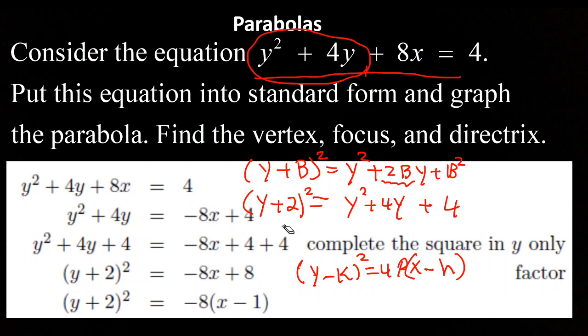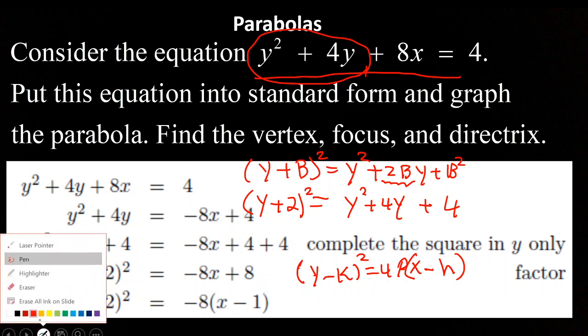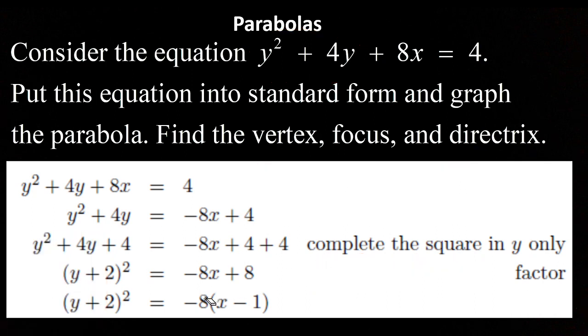The focus is going to be, well, let's see. Is this vertical or horizontal? It's going to be horizontal, right? And (1, negative 2) is the vertex. Now, does it open down or up? Well, we know 4p is negative 8, so p is negative 2. So it opens down, because p is negative, right?